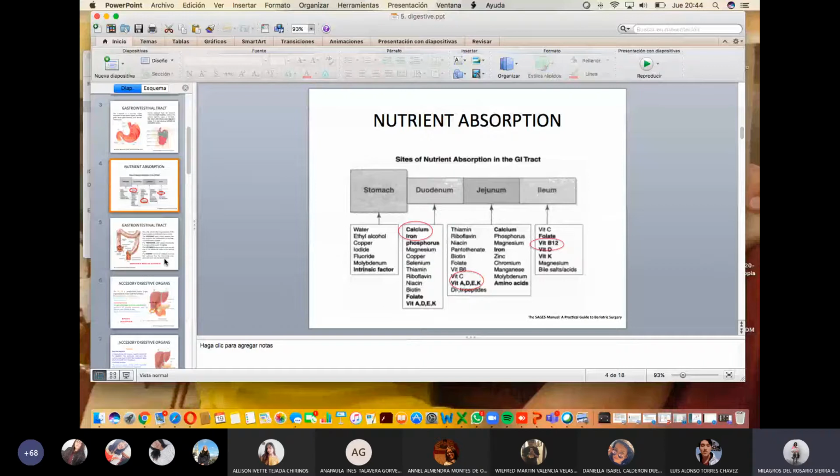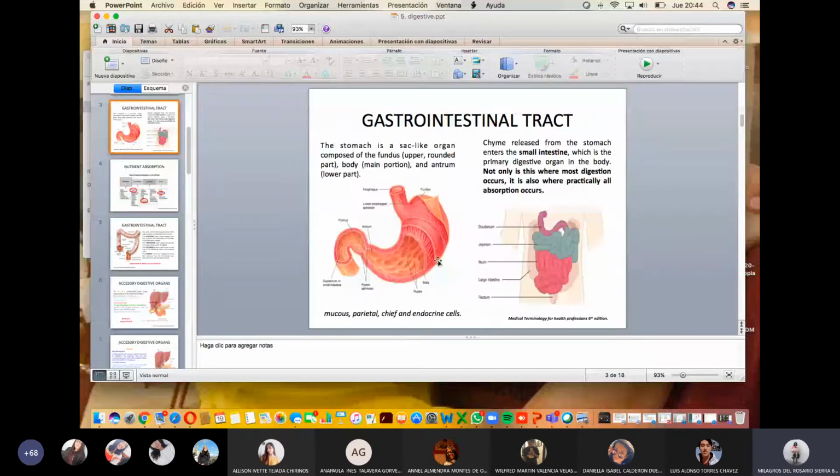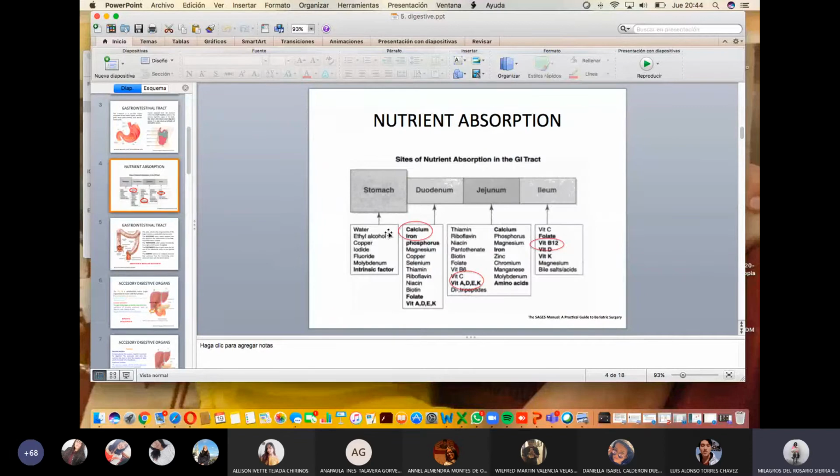So we talked about the stomach, where most of the digestion occurs. Also, in the oral cavity, by the amylase, there can be some part of the digestion, but usually it's basically in the stomach. Then in the small intestine, we have different parts related to different nutrient absorption.